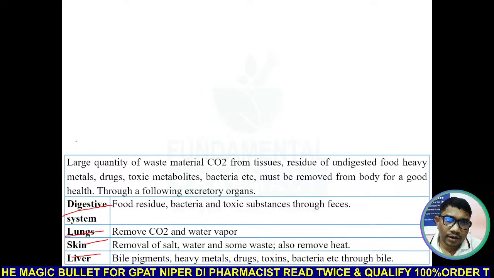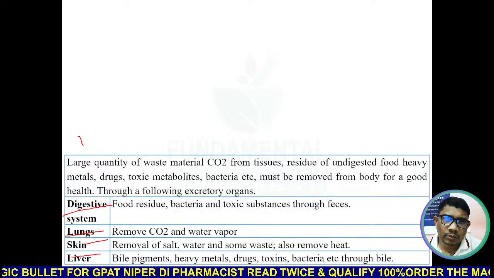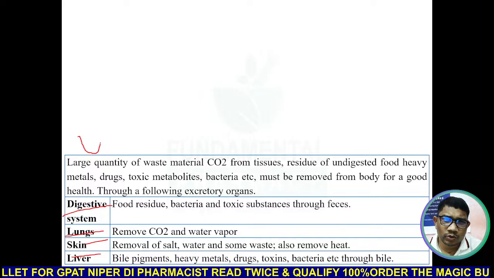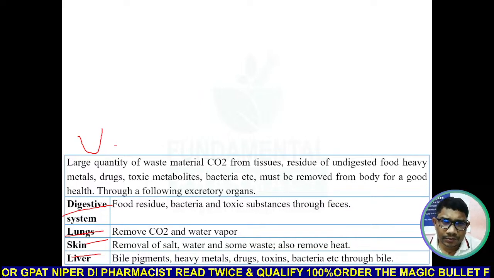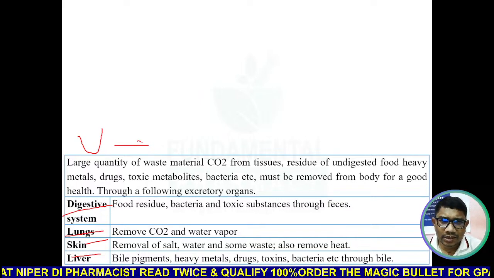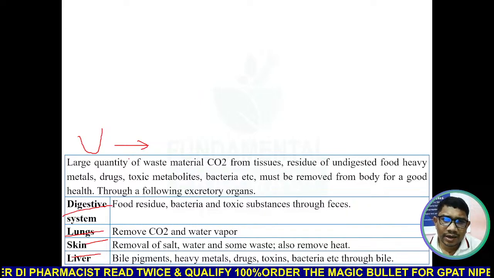But a large amount of water soluble waste material is removed in the form of urine. Urine से जाता है. That's why urinary system is the largest, right?